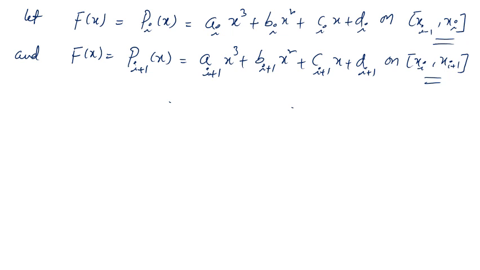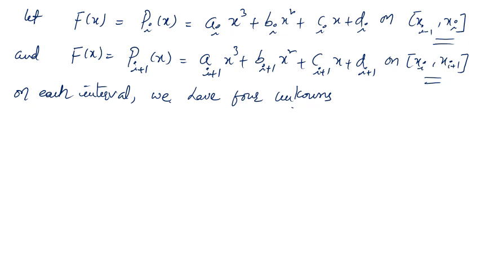Now, on each subinterval, how many unknowns do we have? We have ai, bi, ci, di. We have 4 unknowns, for i equal to 1 to n.